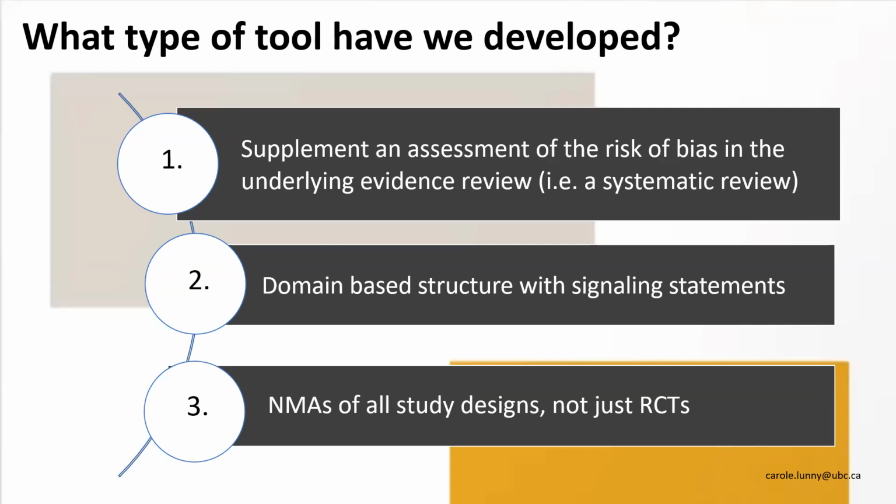So we thought that assessors should start their risk of bias assessment using tools such as ROBIS, which was developed by Penny Whiting and team, or another suitable tool. Although we do recommend ROBIS, another would be the AMSTAR tool, developed by Bev Shea and team. These are both very robust tools that were validated and had good results.